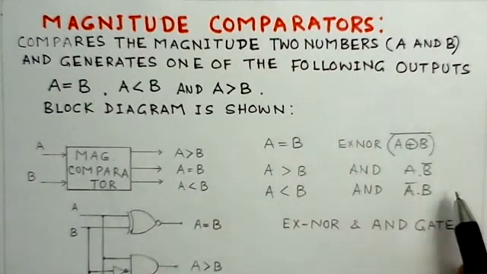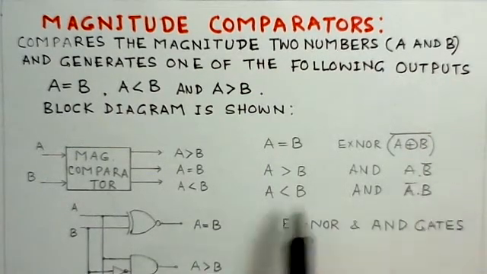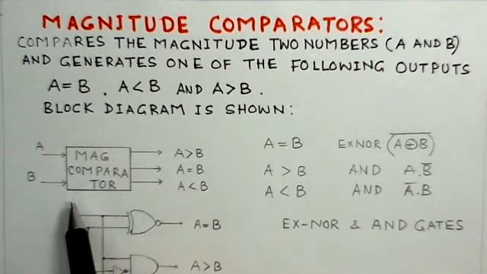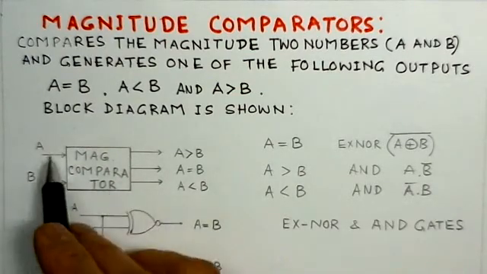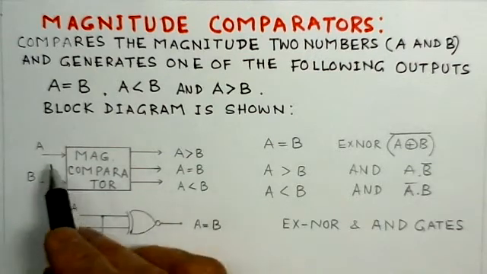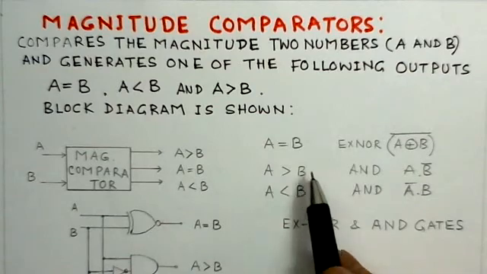We have taken a 1-bit magnitude comparator. This is the corresponding block diagram for the magnitude comparator: A and B, with outputs A greater than B, A equals B, A less than B.